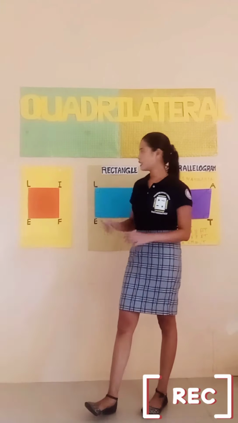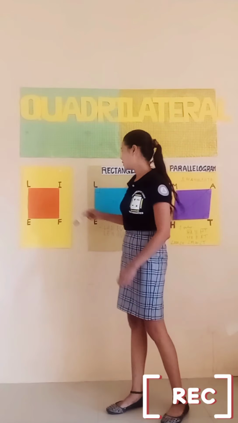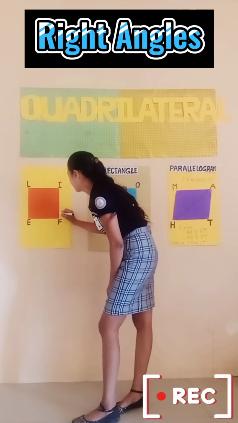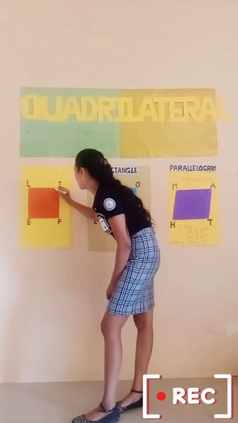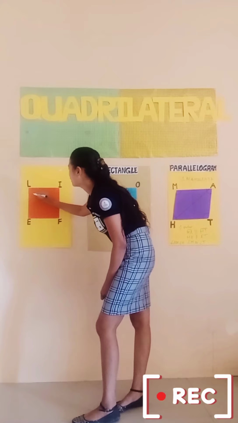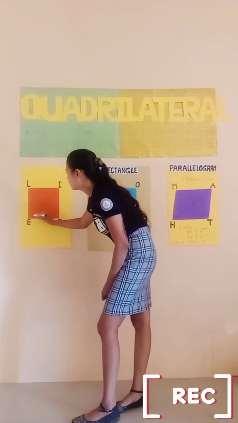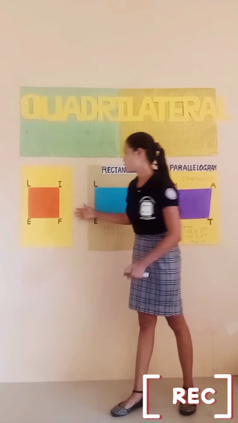And just like the rectangle, it also has right angles, such as angle F, angle I, angle L, and angle E. So, what makes it special?